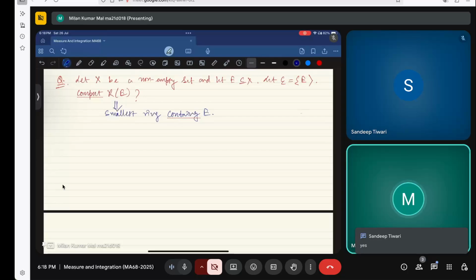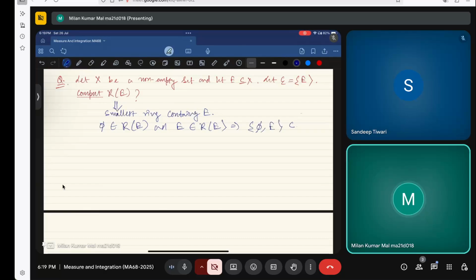Because it is closed under differences: if a set is there, then that set minus itself will be there. And E will always be there because it is the containing set. So the empty set and E are a subset of the ring generated by E.